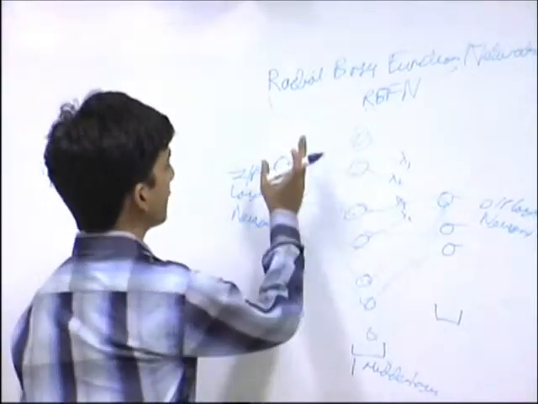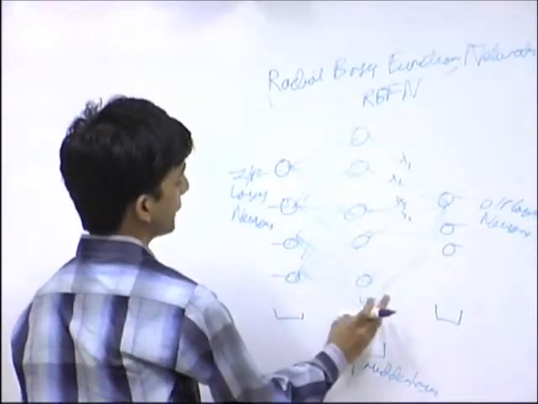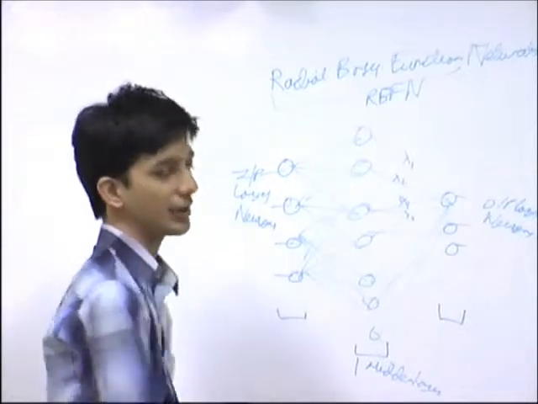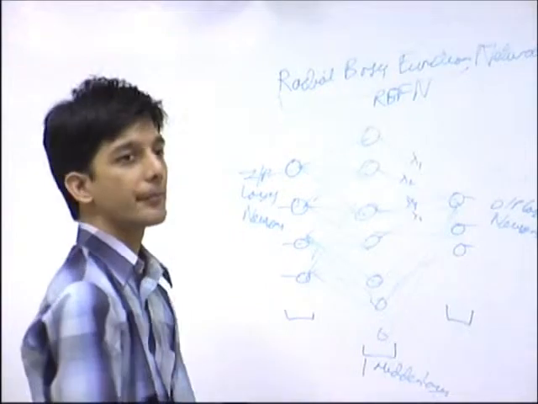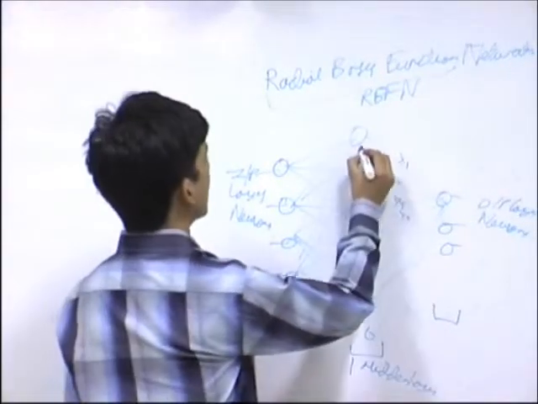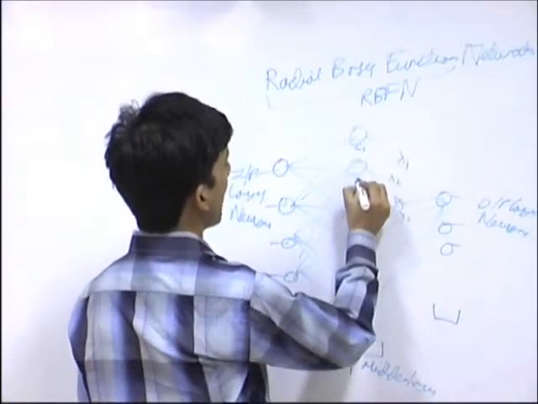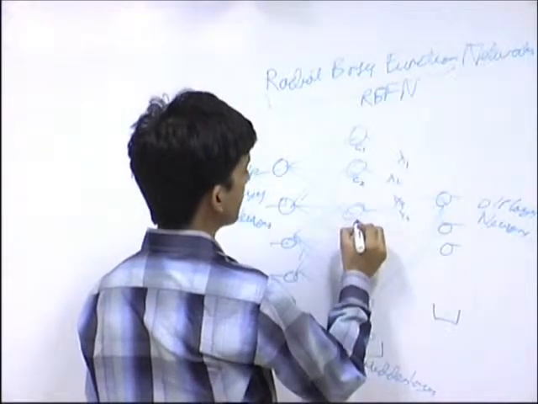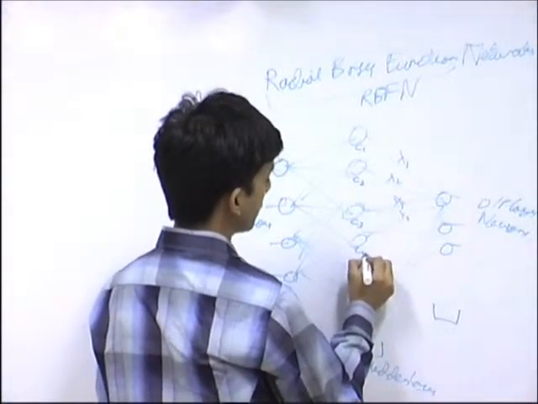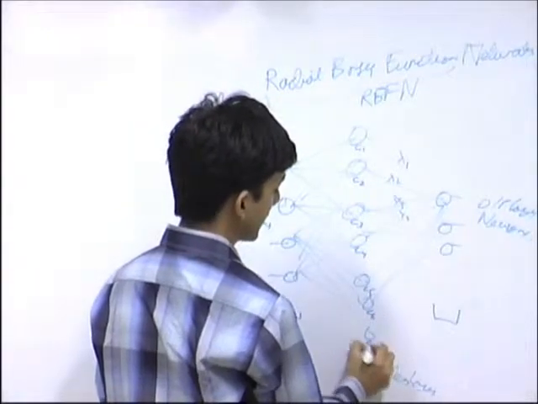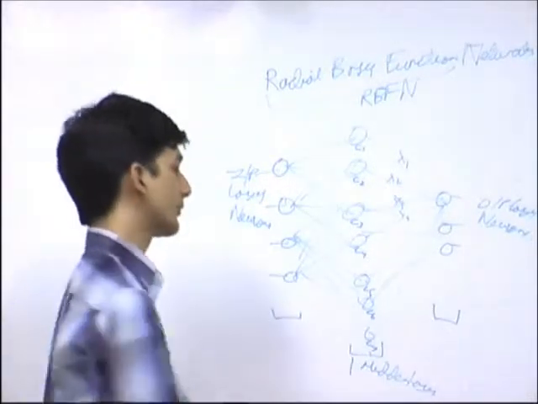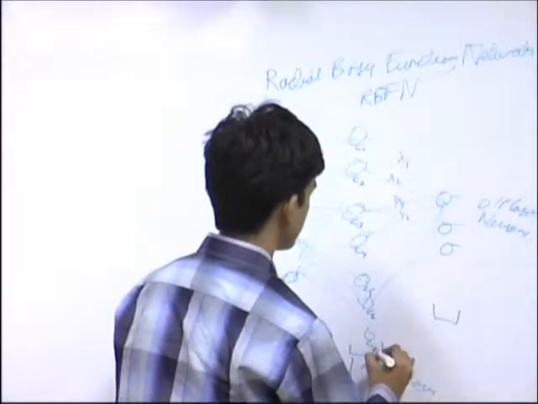Now I do not have weights from the input layer to the hidden layer of these networks. In place of that, these hidden neurons have some locations that are known as C1, C2, C3, C4, C5, C6, C7 and so on. Let me say Cn.